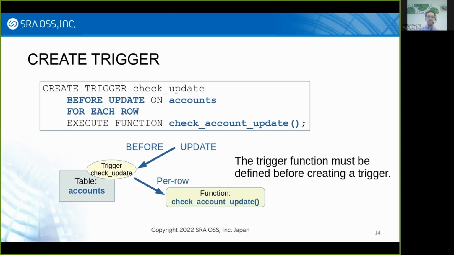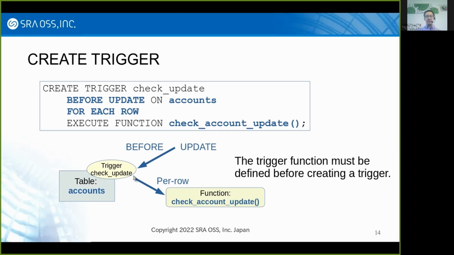In this example, the trigger named check_update is created as a row-level trigger for the update statement, and this is fired before update, before each row is updated on the table accounts.